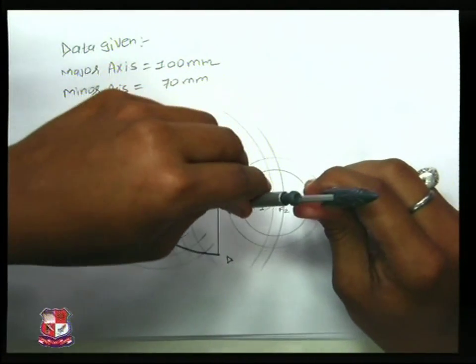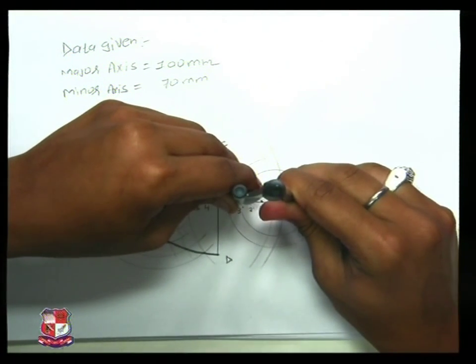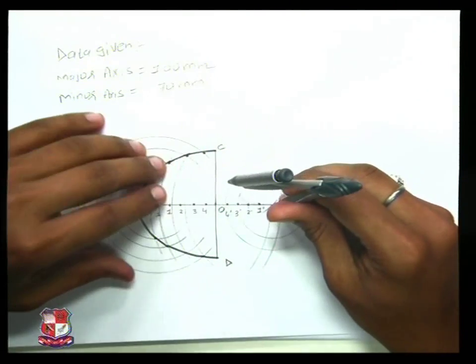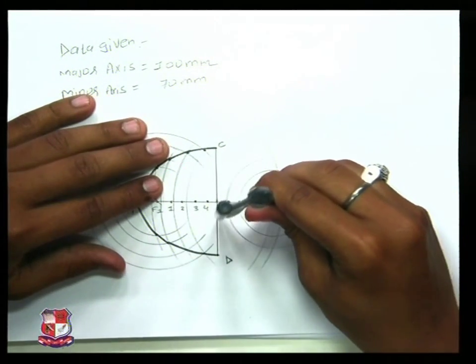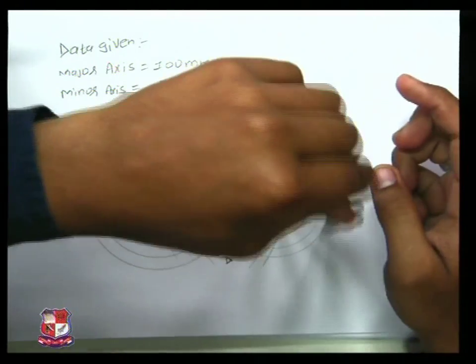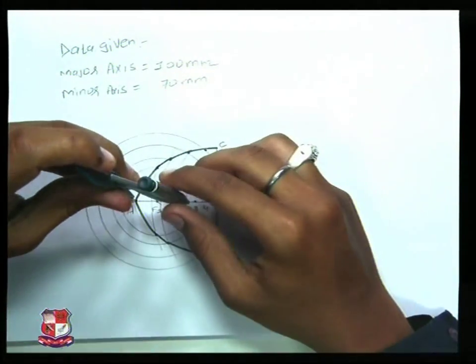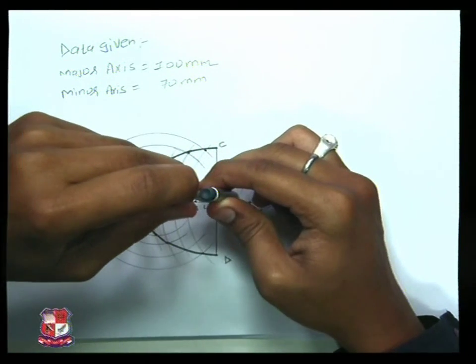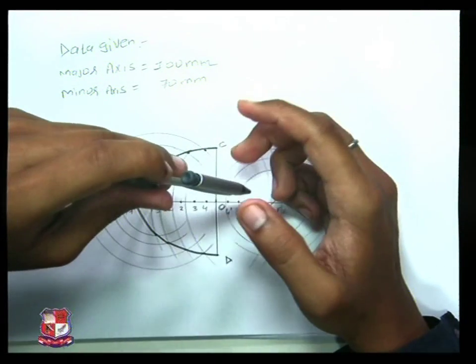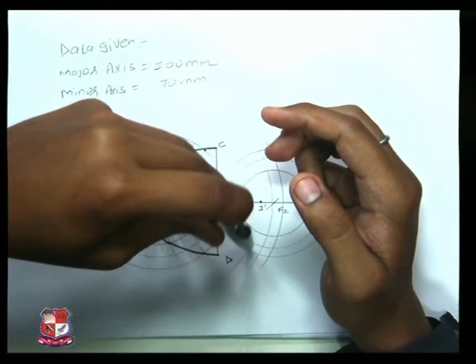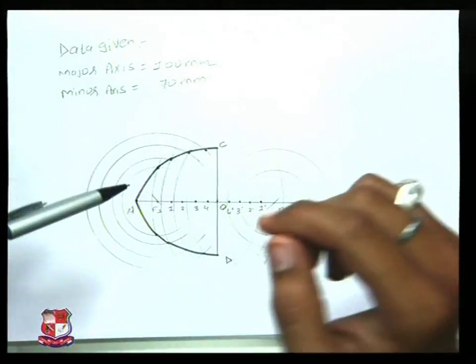Same way, B3 dash as radius, center would be F2 only, draw an arc like this. A3 dash as radius, F1 as center, draw an arc like this.